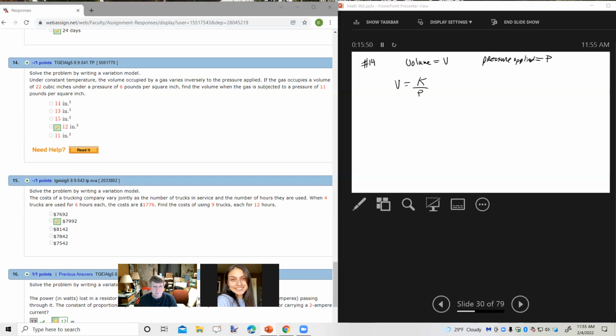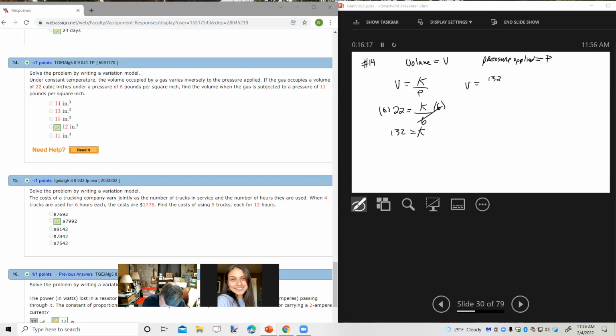All right. If the gas occupies a volume of 22 cubic inches under a pressure of 6 pounds per square inch, okay, so we can take that and use it to solve for K. Let's see, 22 times 6, 132.